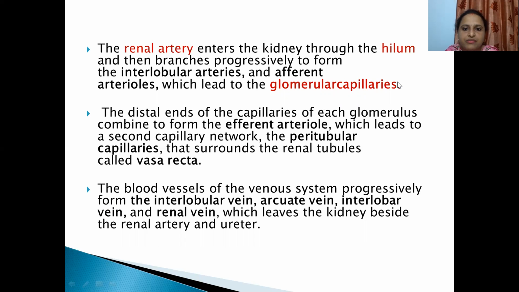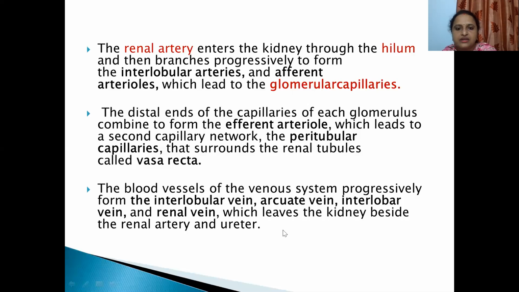After forming glomerular capillaries, they come out in the form of efferent arteriole, and this efferent arteriole forms a network around the nephron as peritubular capillaries, and generally we call them vasa recta. And after that, within the kidney itself, they form interlobular vein, arcuate vein, and interlobular vein, and then they come out in the form of renal vein.